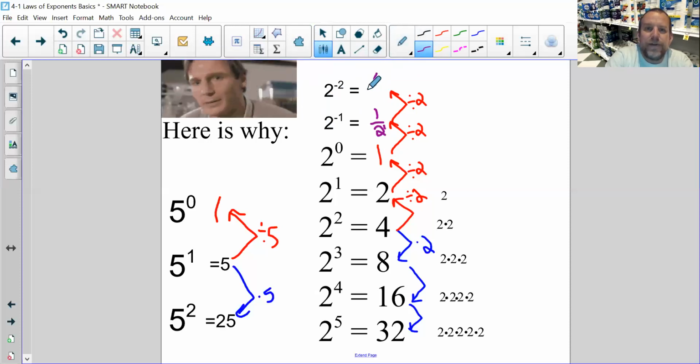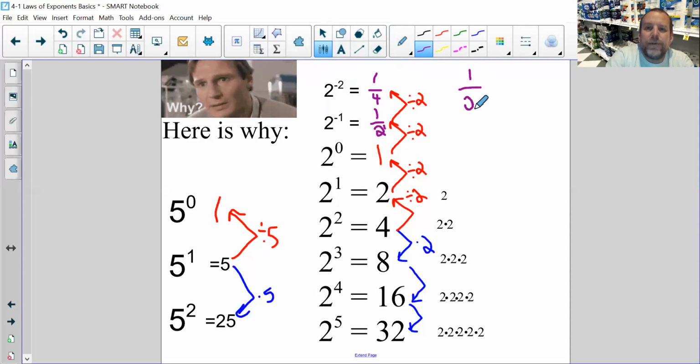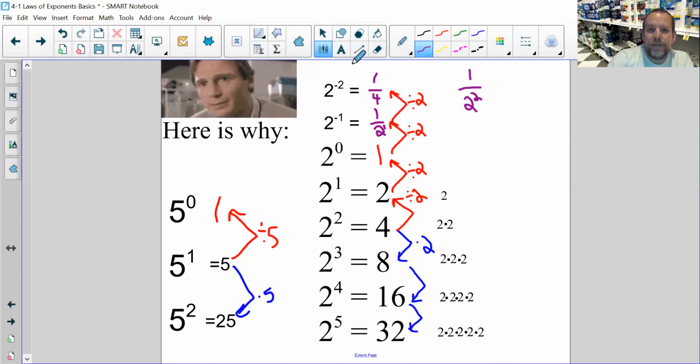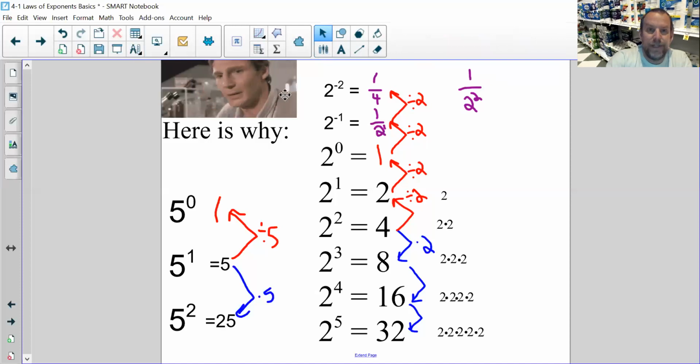That is 1/4. And if you look at that, that's 1 over 2 squared. So what happened? This negative exponent that was in the numerator moved to the denominator as a positive exponent. If you did it again, you'd get 2 to the negative third is 1/8, because half of a fourth is an eighth. And the pattern just continues.